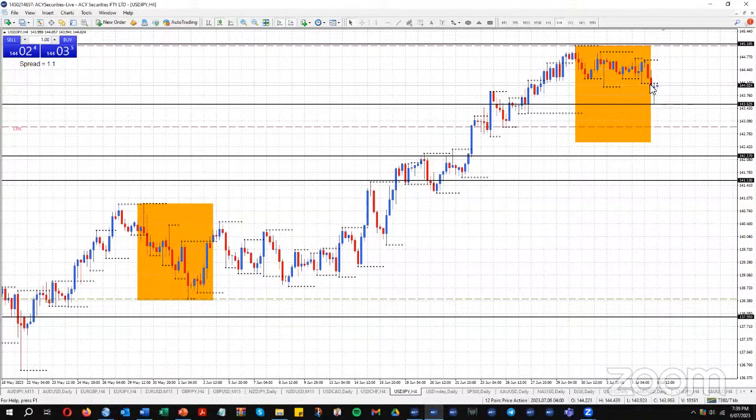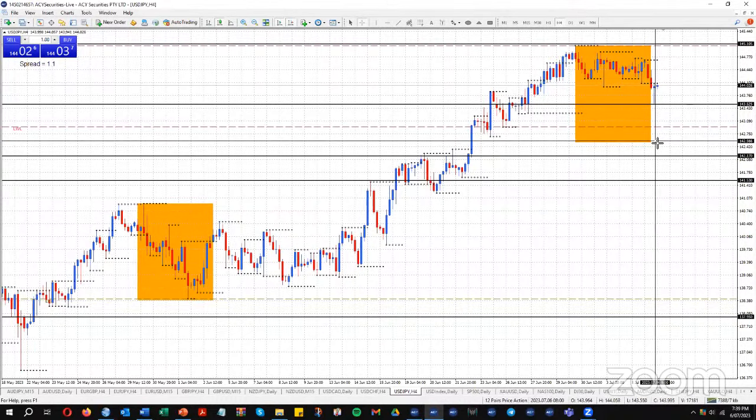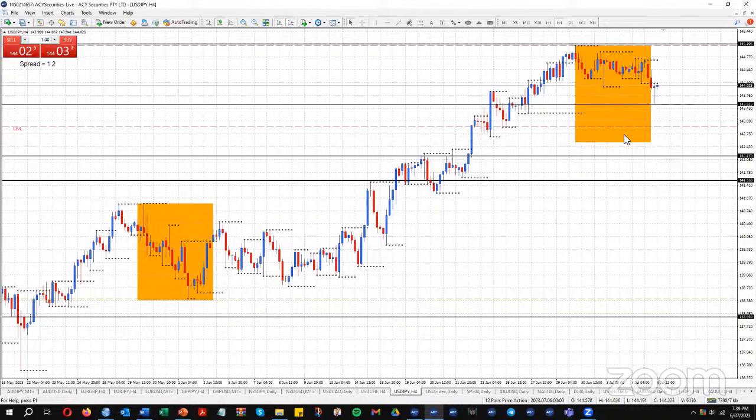Then any form of corrective dip, if we get a similar dip as last time, comes down approximately to the 142.50 level. All right, so I'm going to keep those there and see what happens over the next week. Can we come down into these sorts of areas? Because if all that is what happens, it'll be a very short-lived dip, and then we're up for another 3, 4, 5, 6 weeks.